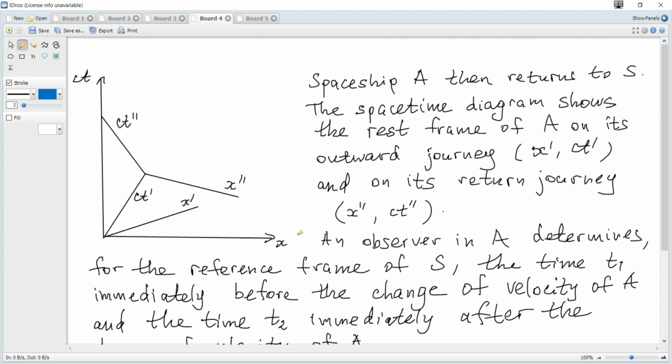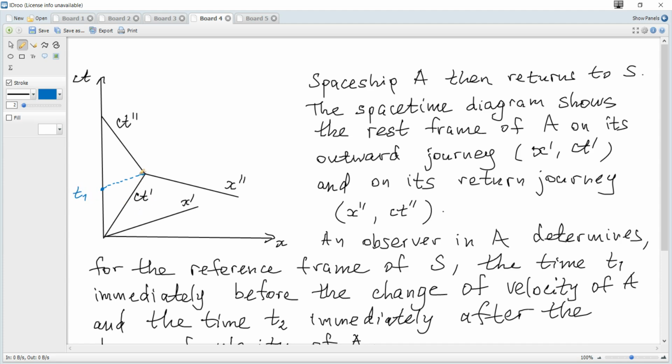So it's for A, for this slanted coordinate system, and we need a time in S. So we draw a line parallel to this x primed. Why? Because it's for this slanted or moving reference frame of A, and to get a value in the non-moving reference frame, it's a line parallel to x primed, and this is the moment of time t1.